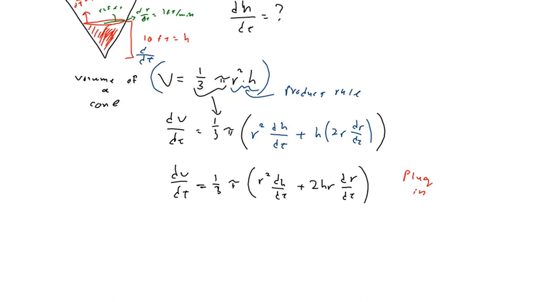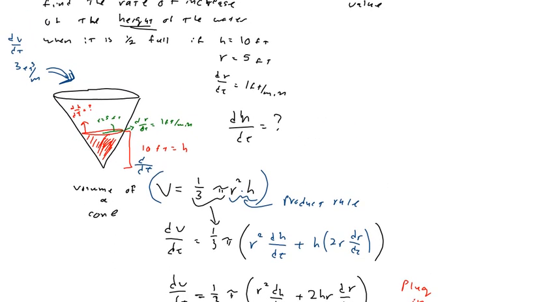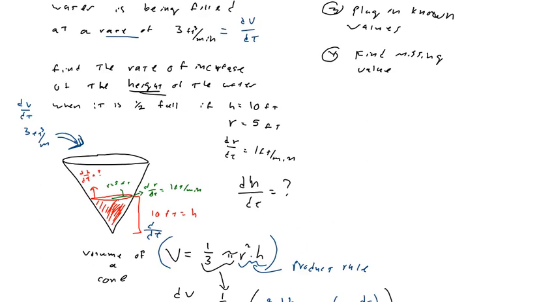What do I know? I know that h is 10, r is 5, dr/dt is 1, and dV/dt is 3.